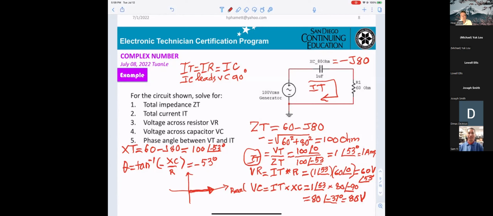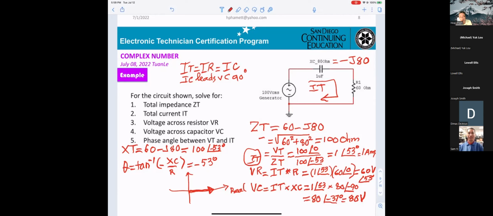You're referring to the value. No, it's not a value. Let's deal with the phase. Which one has no phase in here? The resistor R. VR or IR, right?